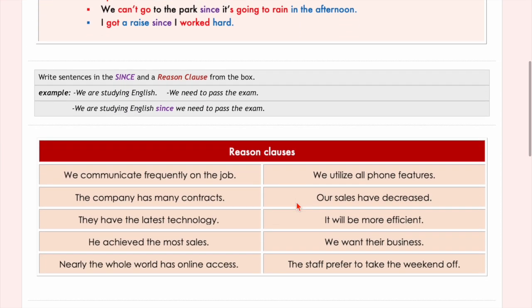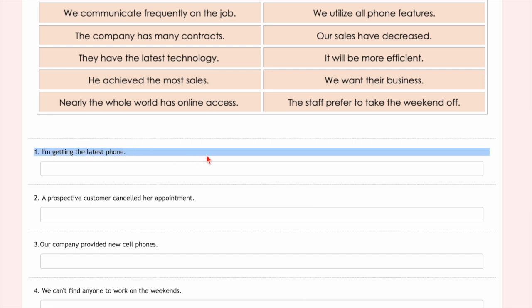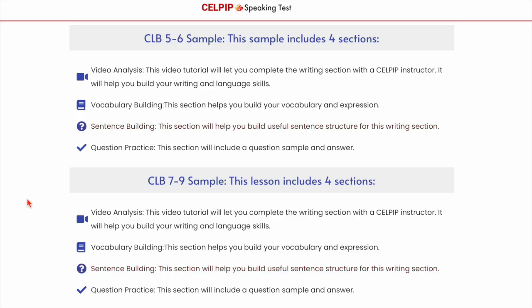And after that, we have this great exercise where you need to complete the sentence by using since with one of these reason clauses. Great exercise for building sentence structure. Okay, and then everyone, we have our question for the day.